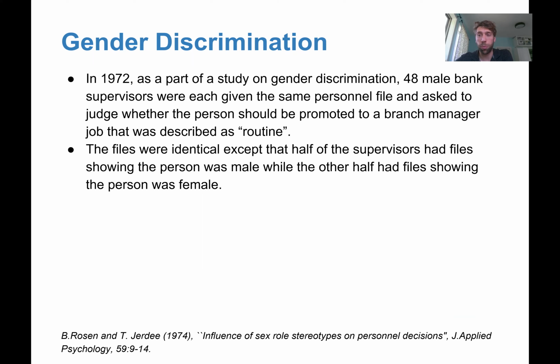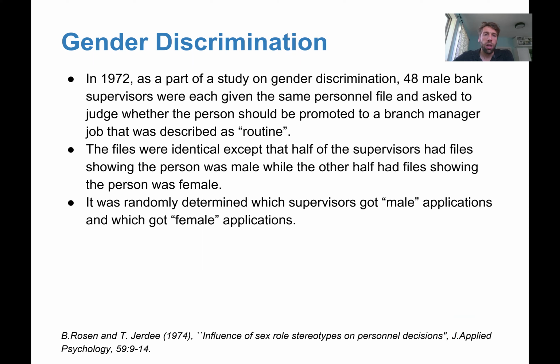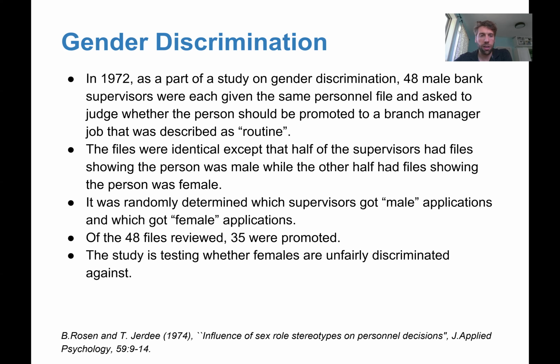That's how you can create an experiment in this case. It was randomly determined which supervisors got male applications and which got female applications. Of the 48 files reviewed, 35 were promoted. That's a pretty good promotion rate. The study tested whether females are unfairly discriminated against when it comes to promotions.